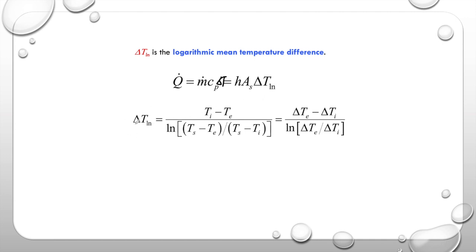To find delta T log mean, we have this equation: Ti minus Te over ln of Ts minus Te divided by Ts minus Ti. So in short form, you have these kinds of equations.